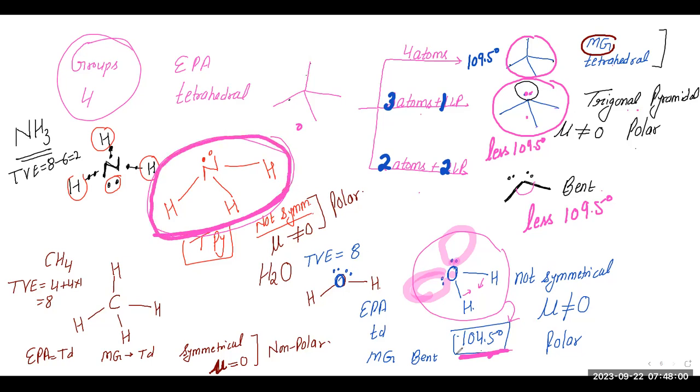Is it going to be more than 104.5 degree, or exactly 109.5 degree? What are you expecting? You see, there is only one lone pair for distortion, so the angle will be less than this, but more than this, right?